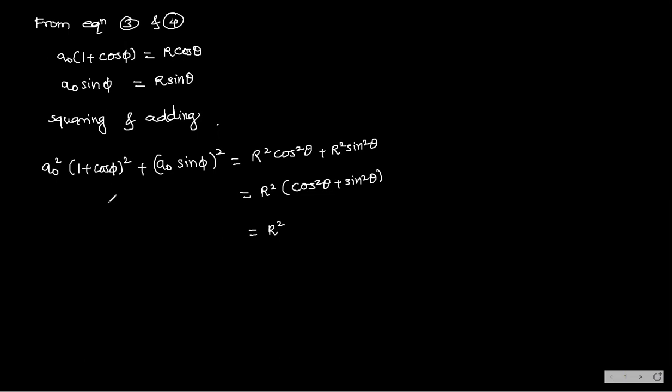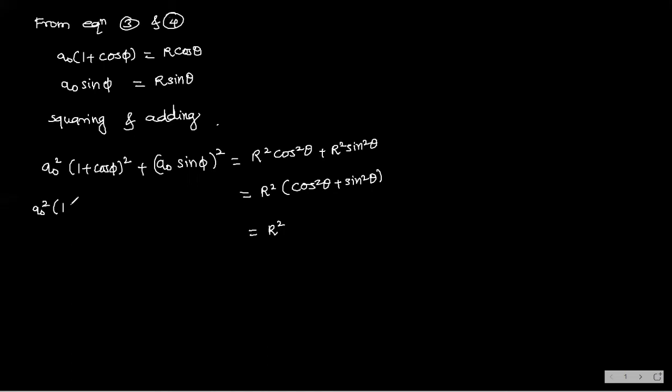Now this side, what is coming? Let's do this also. So here you see, this is a naught square, a naught square. This is a plus b whole square.